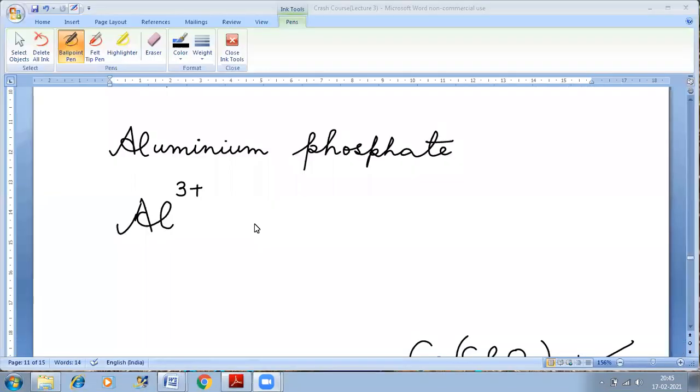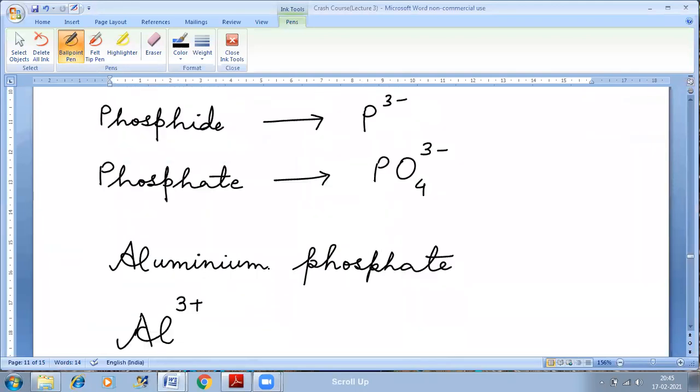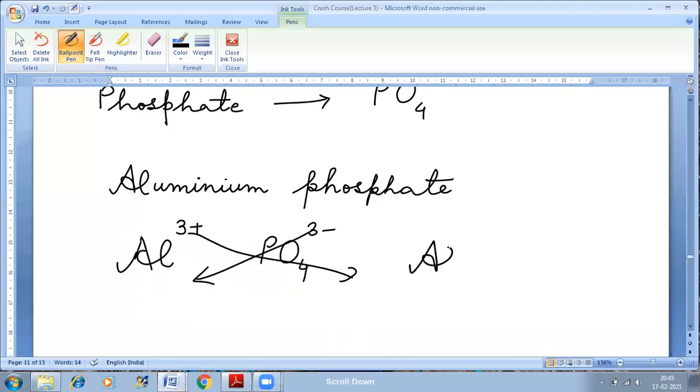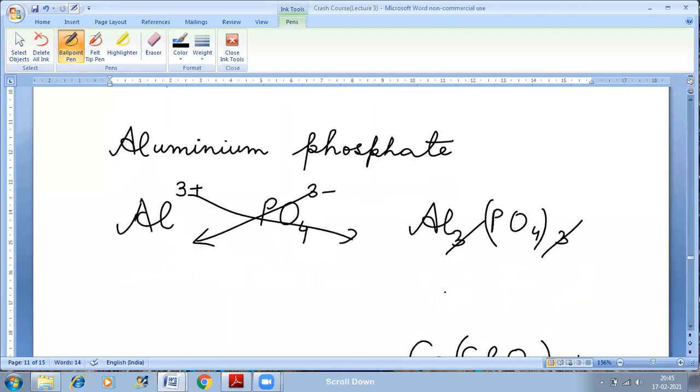Now Al plus 3 is the cation. And let's look at the anion now. This is the anion, PO4 3 minus. So 3 comes here, 3 goes there. 3 and 3 get cancelled.